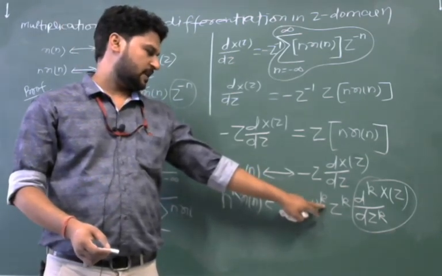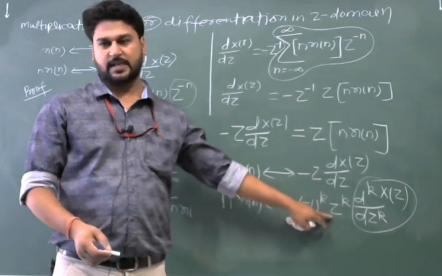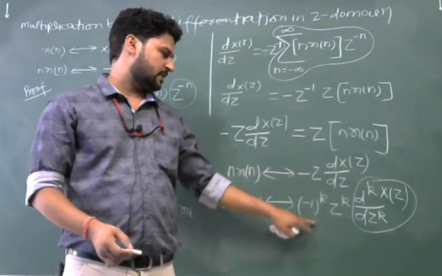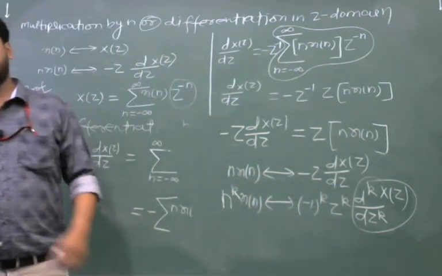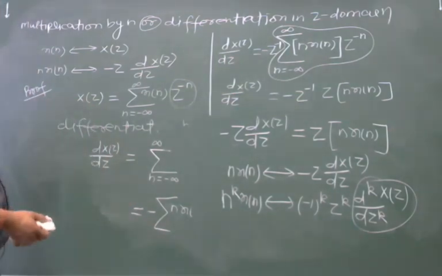If k is an odd integer, then the sequence will be multiplied by a minus sign. If k is an even integer, then this will become plus z power k d power k by dz power k of x of z.